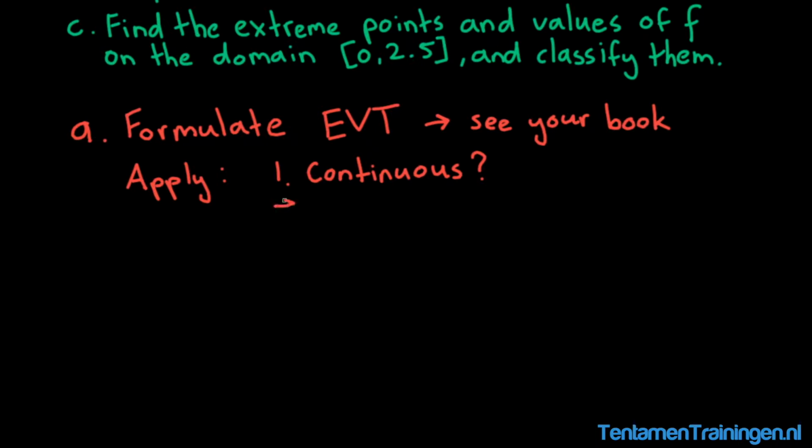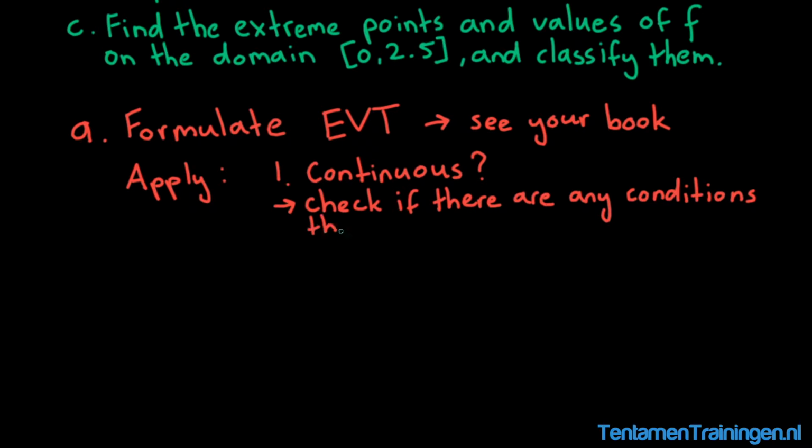The first one is checking if the function is continuous on the domain. To check if it is continuous on the domain, we want to check if there are any conditions. If there are any conditions that have to hold on the domain, then it is not continuous.